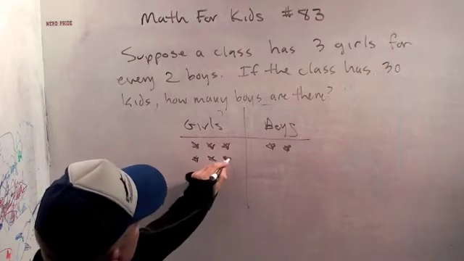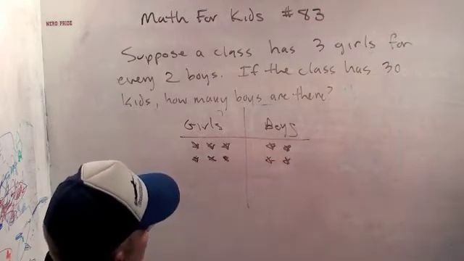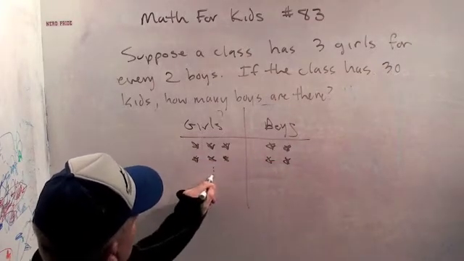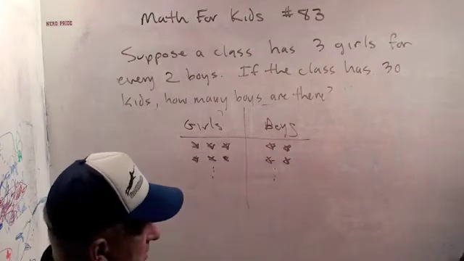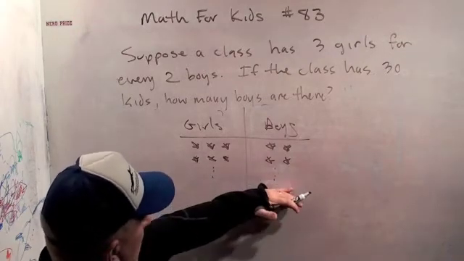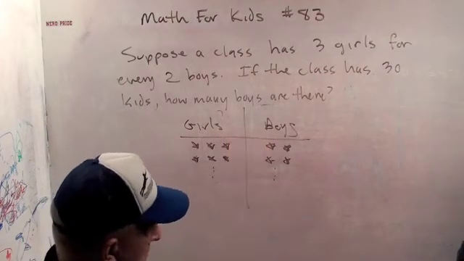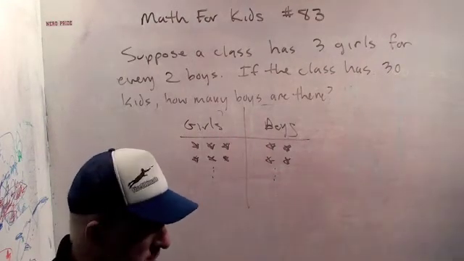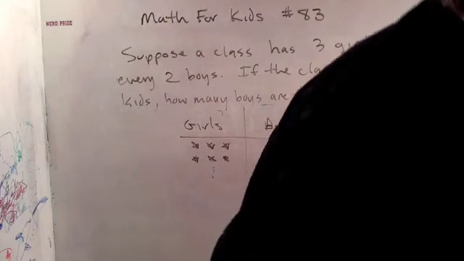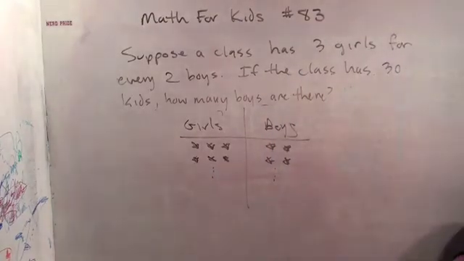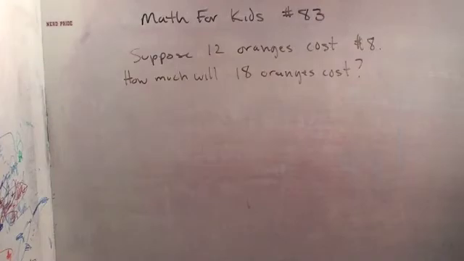So I'll draw another group of 3 and 2. That gets me to 10. And so you could just keep drawing, and you would find that you would have 12 boys when you had 18 girls. So if you ever got stuck on a problem like this, you could just draw a picture. Sometimes making a chart helps too. Okay, you ready for the next one? Yeah.